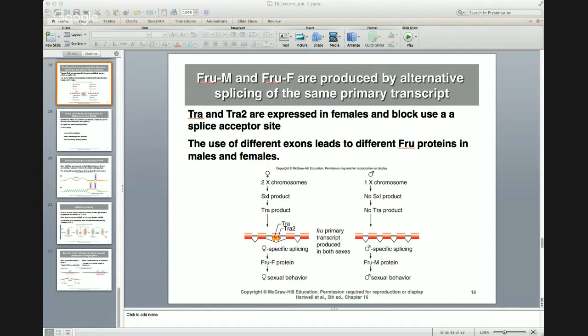So here we have this SXL protein being produced only in females, and what this SXL protein allows for is for more SXL protein to be produced. The presence of the SXL protein early in the development of female embryos allows for more of that protein to be produced.